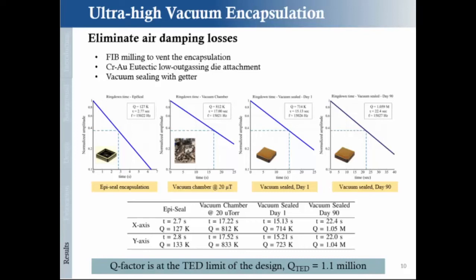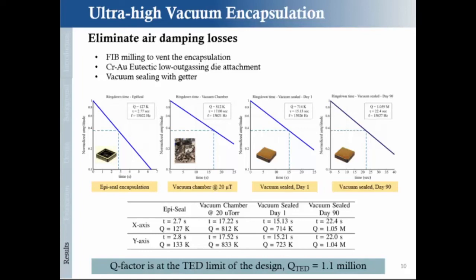So it increased from 127 to 740. During the next 90 days, the quality factor kept increasing, and after 90 days we achieved a quality factor of 1,059,000, which was very close to the 1.1 million thermoelastic damping limit.